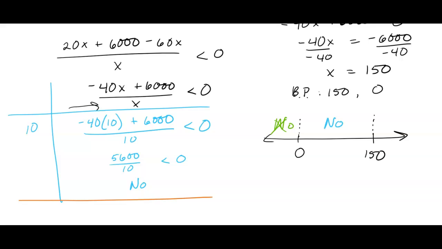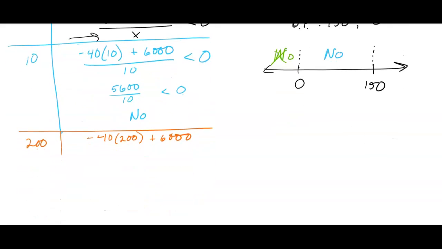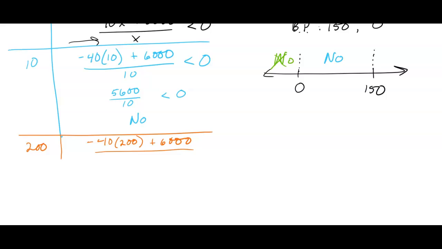Now, what about the other section? What if I make like 200 bikes? Well, I'd have negative 40 times 200 plus 6,000 over 200. Is that less than 0? I think I'm getting negative 8,000 plus 6,000 over 200.